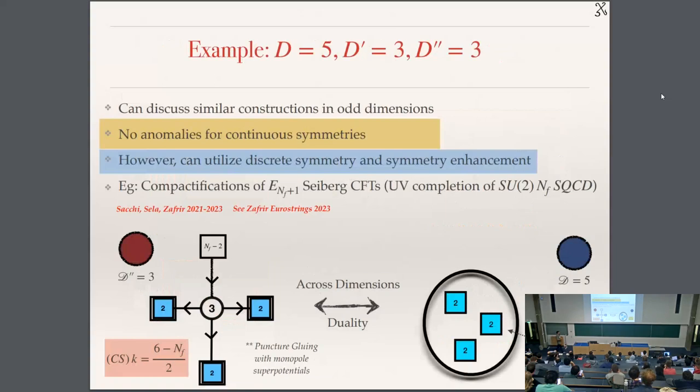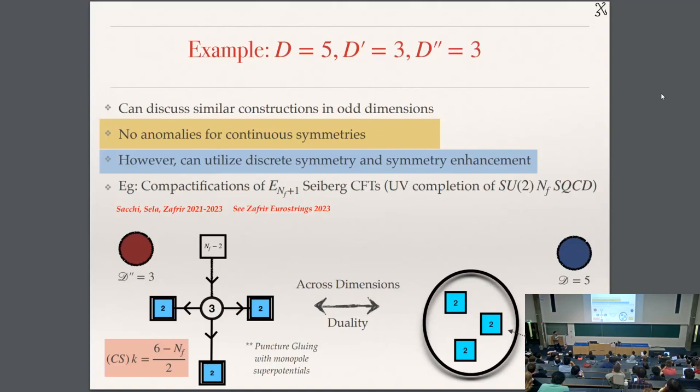So there is nothing sacred in 6 dimensions. You can perform these operations in other dimensions. For example, you can start from 5 dimensions and go down to 3 dimensions. Odd dimensions are bad because we lose some tools to address our theories. For example, we don't have the tool of anomalies for continuous symmetries.